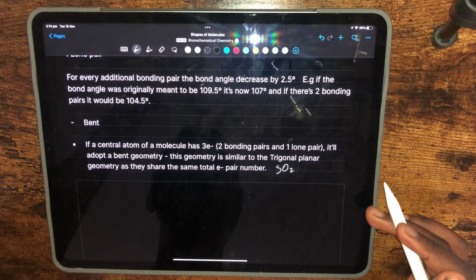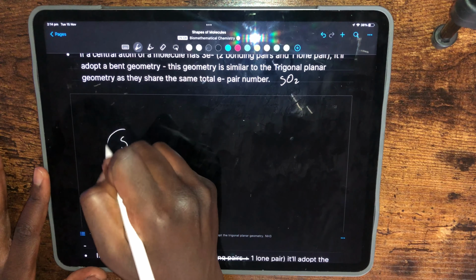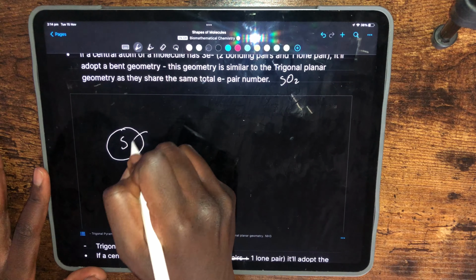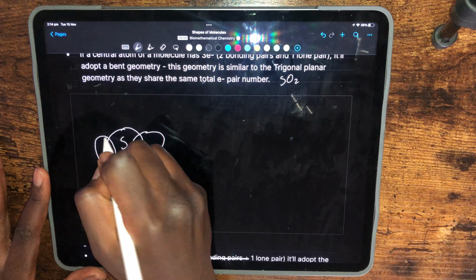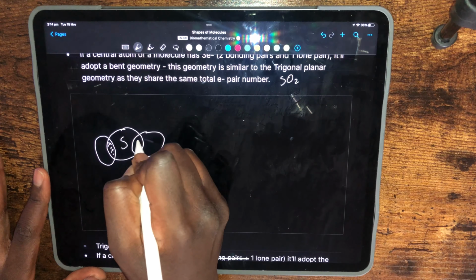So SO2, right? Let's draw the dot and cross diagram of SO2. If I get oxygen here, another oxygen here, we know that it shares 2. But sulfur has 2 more electrons there, and that forms a lone pair of electrons.